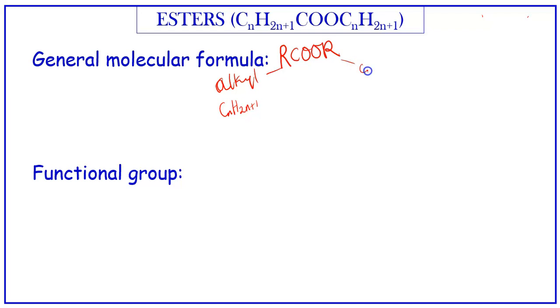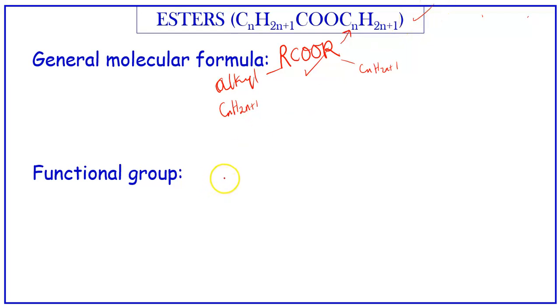This one also is an alkyl group, which we know is CnH2n+1. That is why I prefer writing the general molecular formula as the one I have on top, because it helps the student focus and guides them on how to write the formula of any ester formed. So the general molecular formula can be written as this one, RCOOR, or this one. They are the same thing.